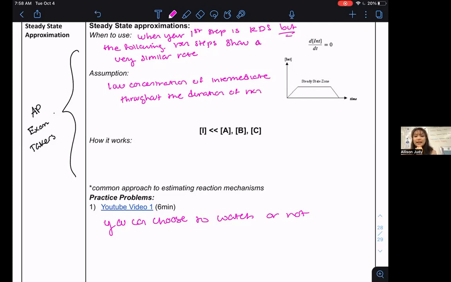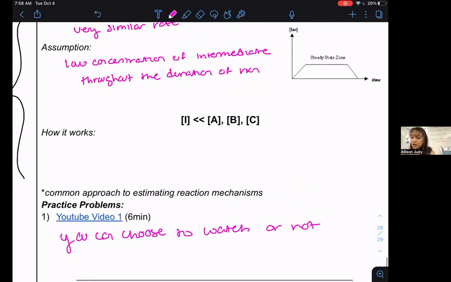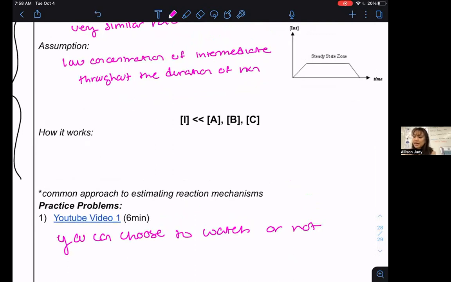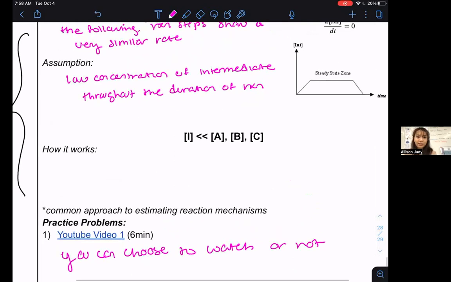Okay. And kind of to represent that, the concentration of I is far, far, far less than a reaction involving A, B, and C. And so by doing that, we assume a steady state of intermediate concentration.